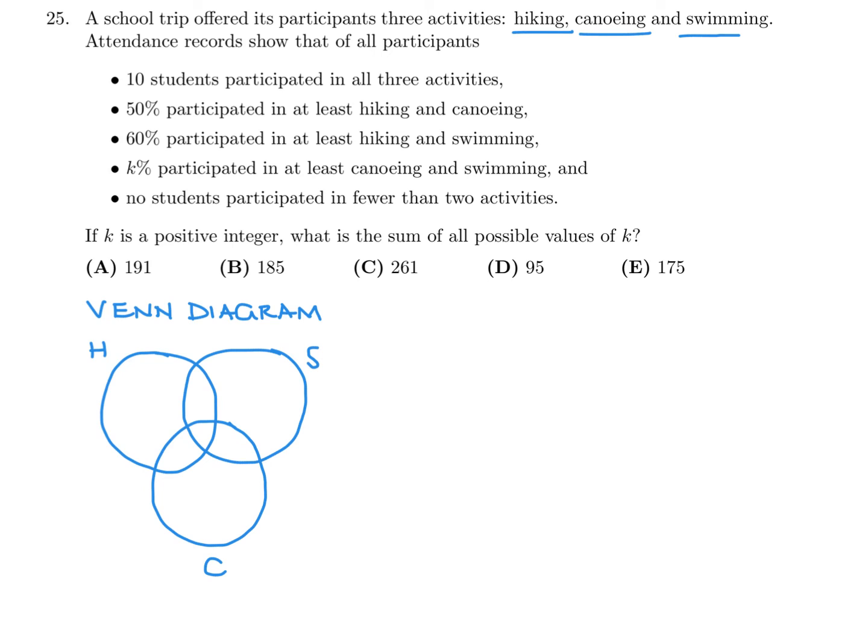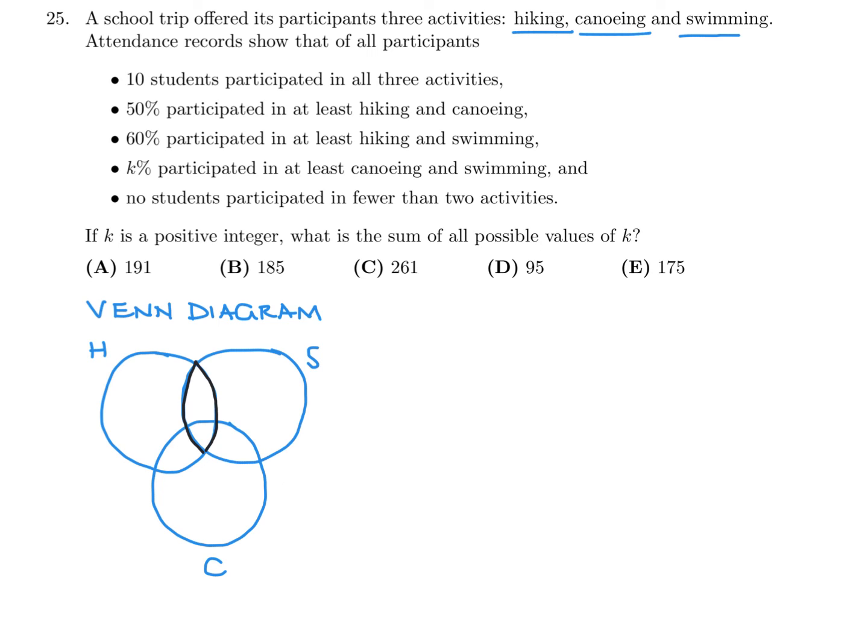Now, the overlapping regions indicate how many have done both. So, for example, this region right here, since it overlaps both H and S, represents how many students did both hiking and swimming, and so on.